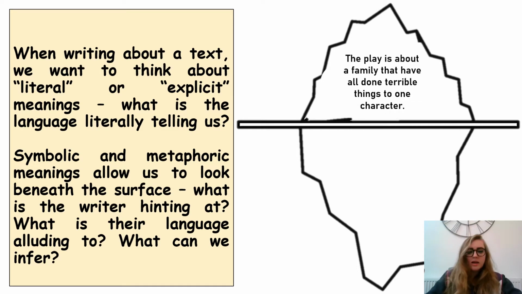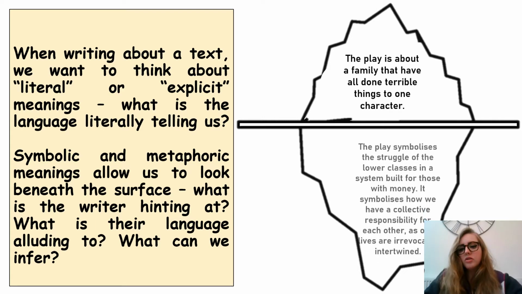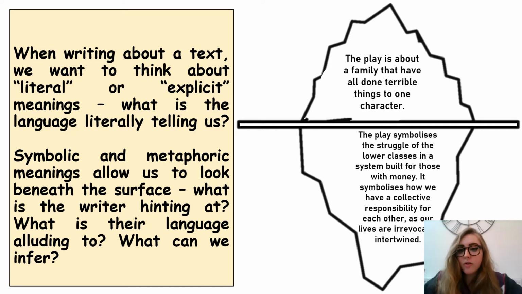So as an example then, this is taken from an Inspector Calls iceberg analysis. You can see here that, at surface level, the play is about a family that have all done terrible things to one character, but the play symbolises the struggle of the lower classes in a system built for those with money. It symbolises how we have a collective responsibility for each other as our lives are irrevocably intertwined.